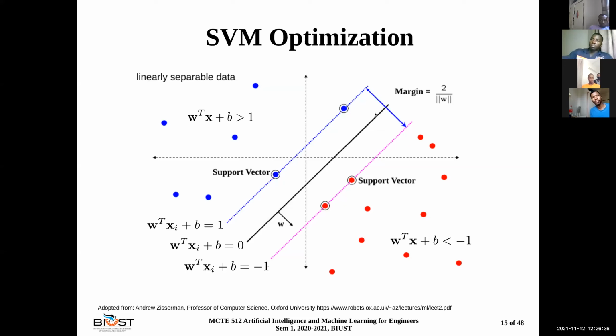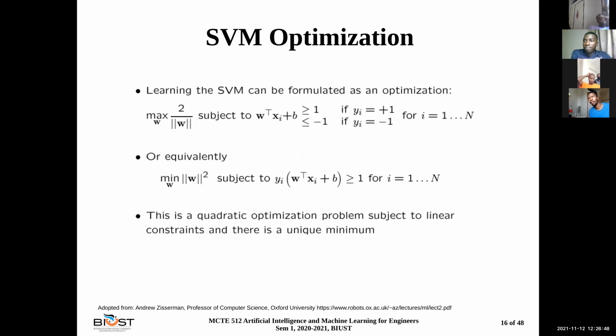We want a much bigger margin so that for any unseen data, we can allow perturbations of the input data, so it will be able to absorb uncertainty in the data. So we can formulate it: we want to maximize. This is how we are going to optimize SVM.